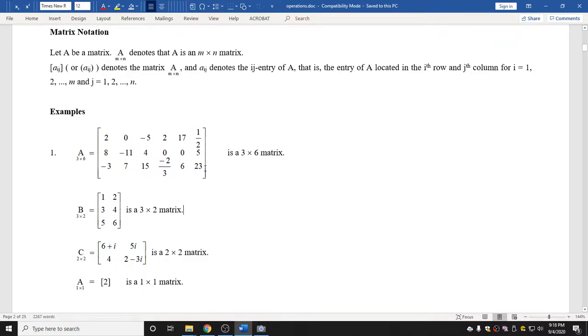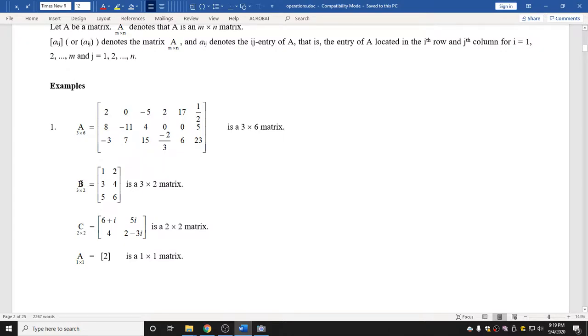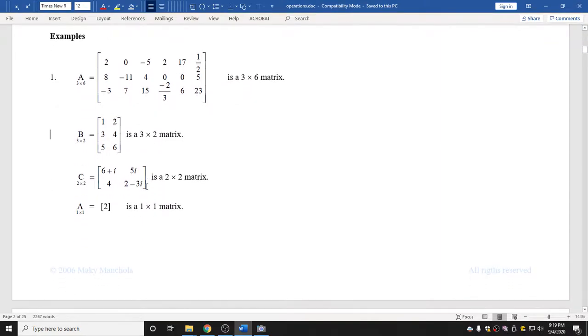That happens to be a 3 by 6 matrix. Notice that our notation communicates that. Our notation here communicates that B is a 3 by 2 matrix, and it specifically is the matrix that has 1, 2 as first row, 3, 4 as second row, 5, 6 as third row. It is a 3 by 2 matrix.